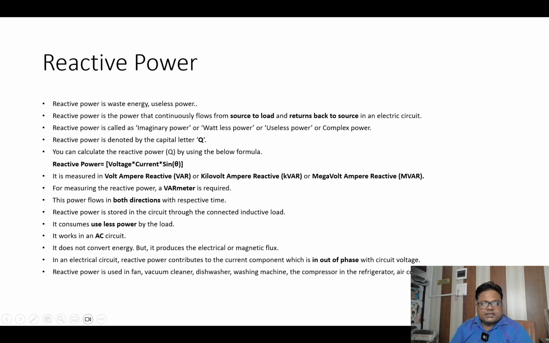In an electric circuit, reactive power contributes to the current component which is out of phase with circuit voltage. Reactive power is used in fan, vacuum cleaners, dishwasher, washing machine, the compressor in the refrigerator, air conditioner, transformer, etc.